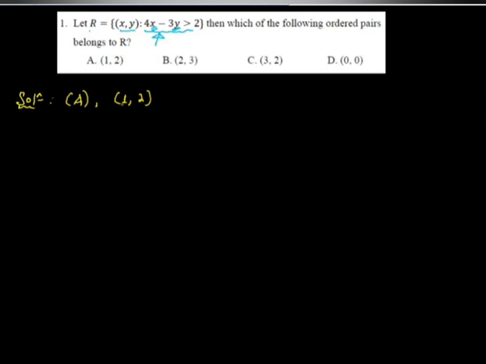So በx ቦታ 1ን በy ቦታ 2ን እንጠቀማለን። 4 times x minus 3 times y must be greater than 2. የR ሜምበር ለመሆን ይሄን ሳቲስፋይ ማድረግ አለበት። But here 4 times 1 is 4, minus 3 times 2 which is 6. 4 minus 6 greater than 2, which is false.